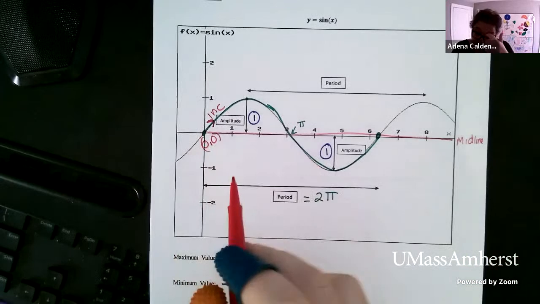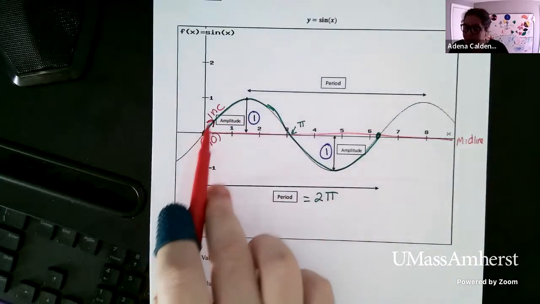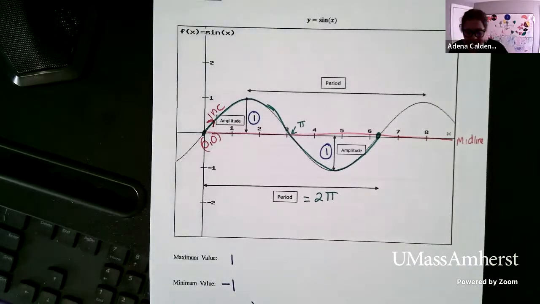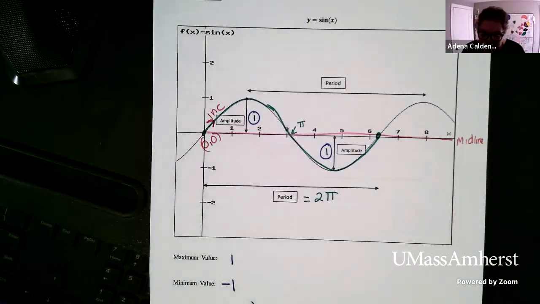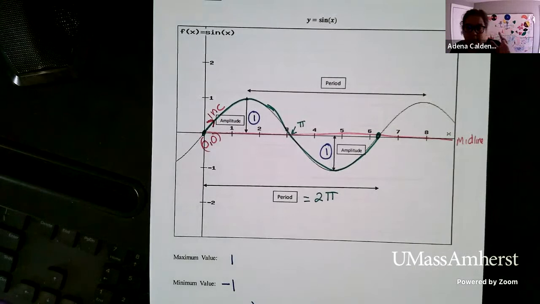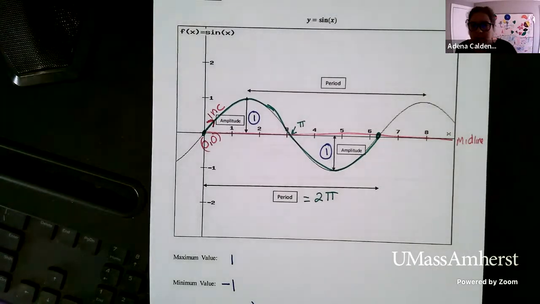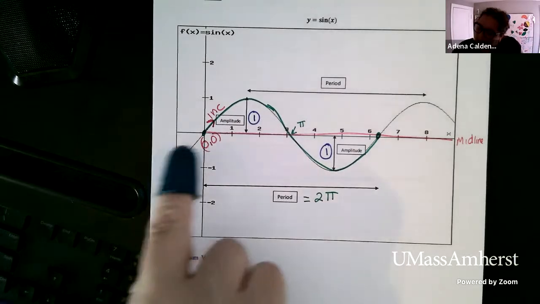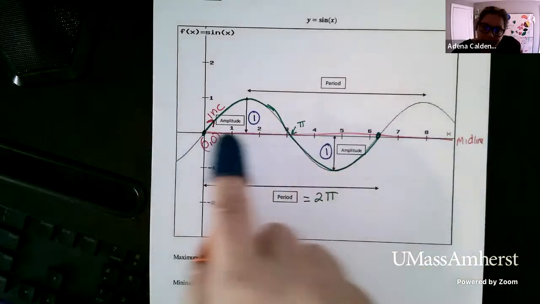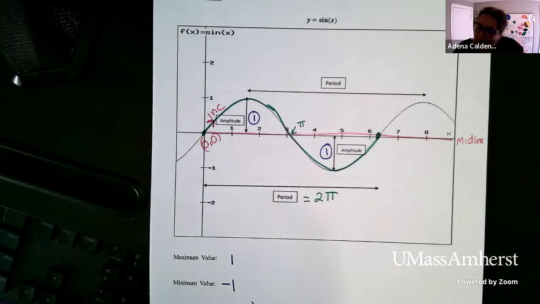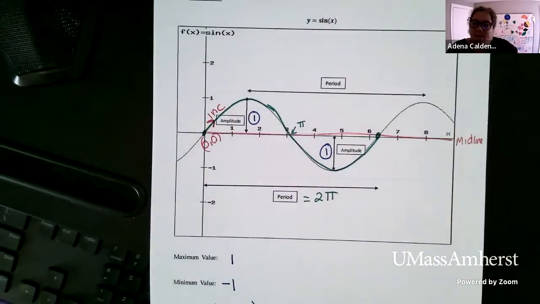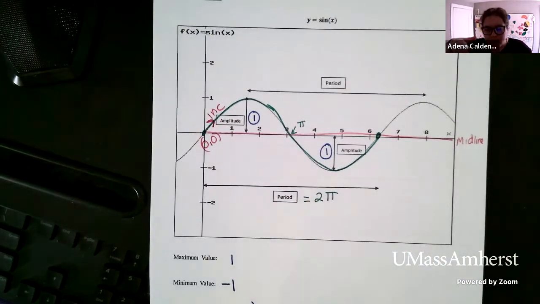And so we're not at a maximum or a minimum, we're right in the middle, and we start off increasing. Okay, and the reason I say this is because we're going to be looking at functions later and trying to determine, is it sine, is it cosine, is it negative sine, is it negative cosine? And so sine starts at a midline at 0. Okay, and if it's increasing, then we're going to have positive sine.